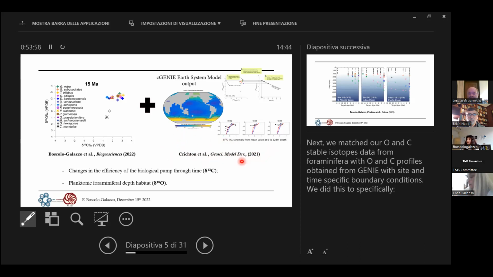One, in Geoscientific Model Development, was published last year, and then we have another one that was published this year. However, the cooling in the model is for sure based on the forcing that we gave to the model, so CO2, and in turn that one was anchored to deep benthic oxygen isotope data since the middle Miocene, basically.